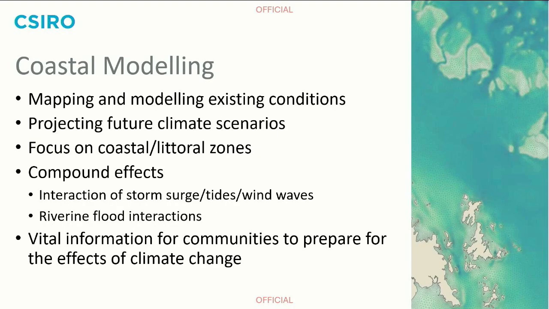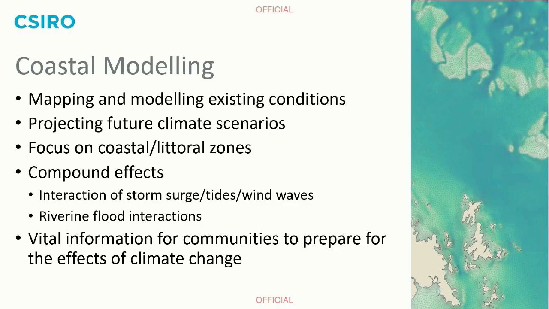The coastal modeling team maps and models existing conditions through hindcast projects and projects future climate scenarios using all sorts of earth modeling and global climate model information. We focus on coastal and littoral zones, and we look at not only inundation but compound effects: the interaction of storm surge, tide, wind waves, and riverine flood.